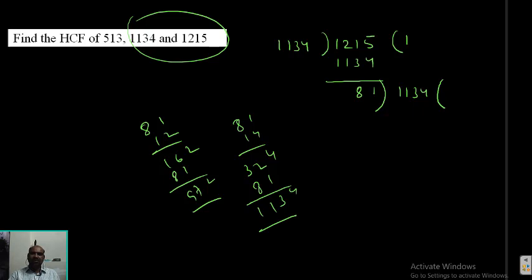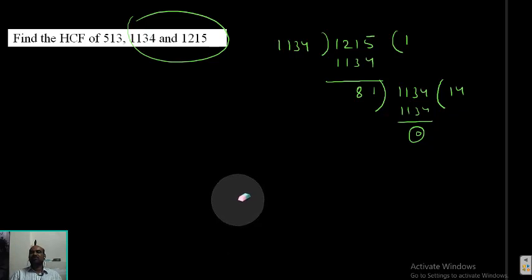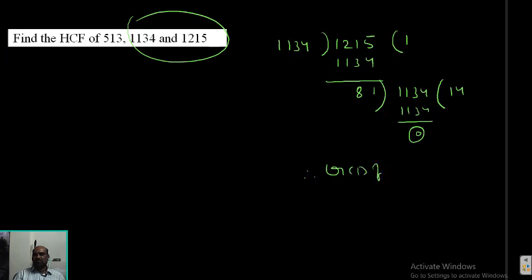So how many times? 14 are 1134. Remainder 0. What is the meaning of that? 81 is the GCD of 1134 and 1215. And that I will write: GCD of 1134 and 1215 is 81.